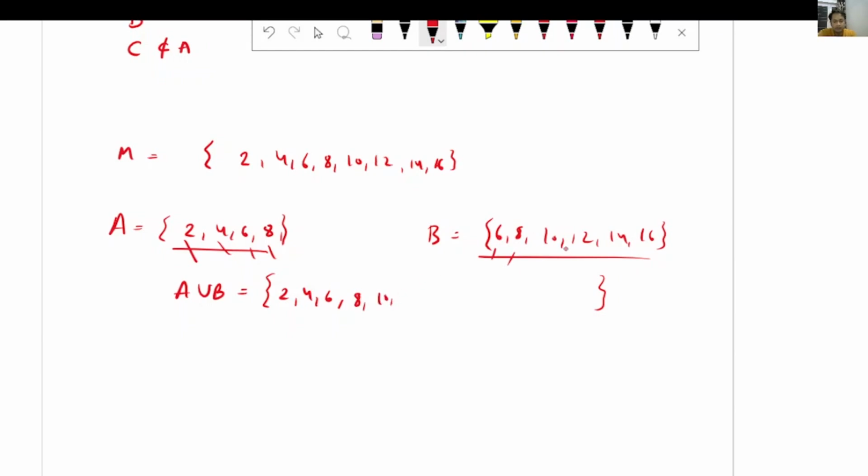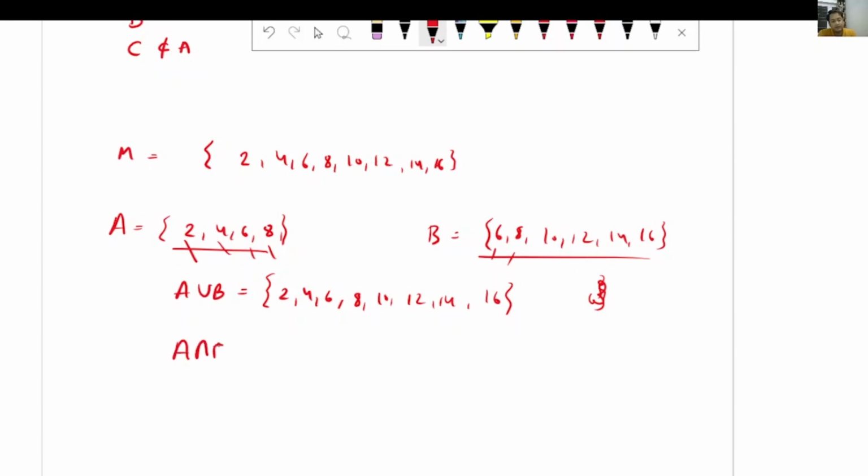Then write all the remaining elements of set B: 10, 12, 14 and 16. So this is A union B. In A union B we include all the elements of sets A and B, and do not include repeating elements twice, only once.